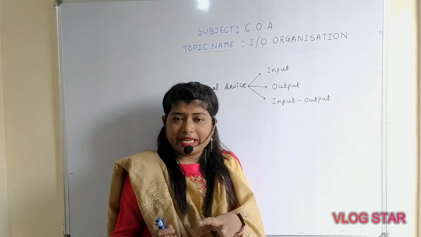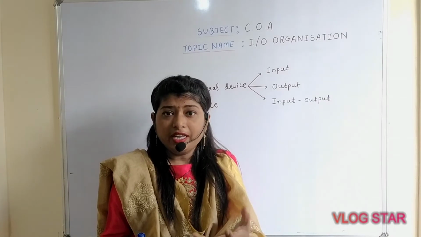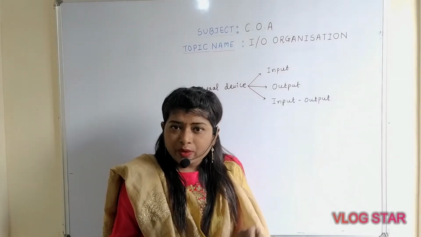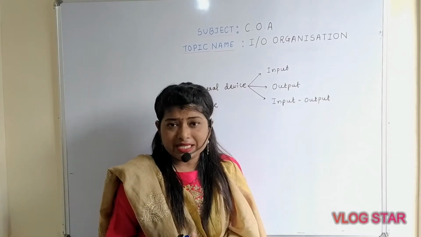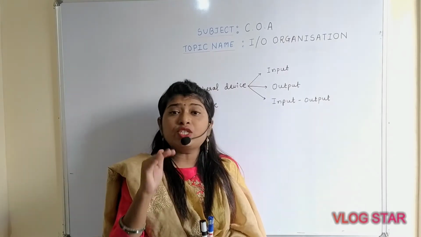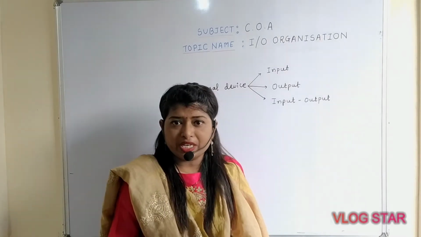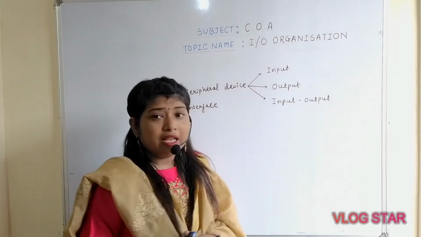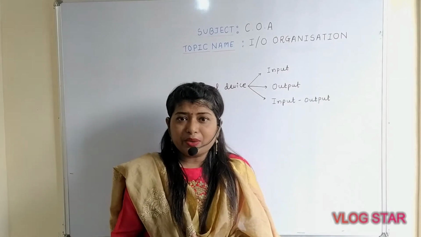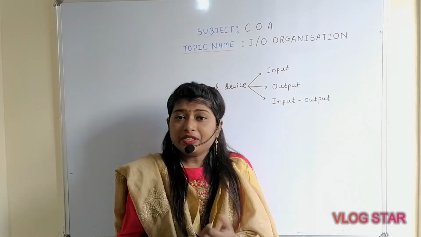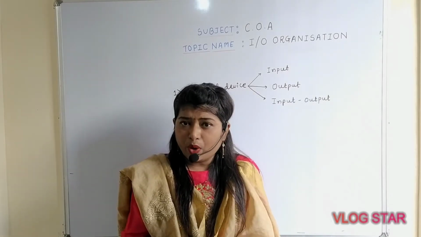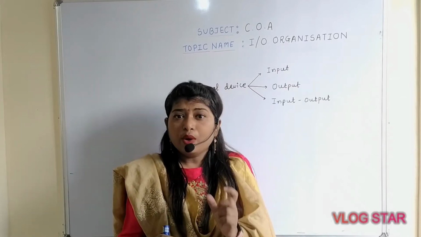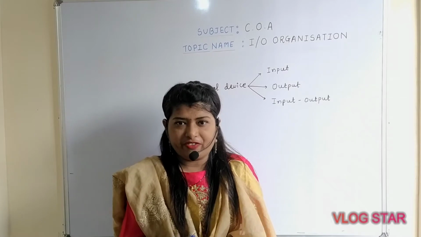Can you tell me an example related to this? The common examples of input peripheral are the keyboard and we can consider the mouse. I hope you have understood what input peripherals are.